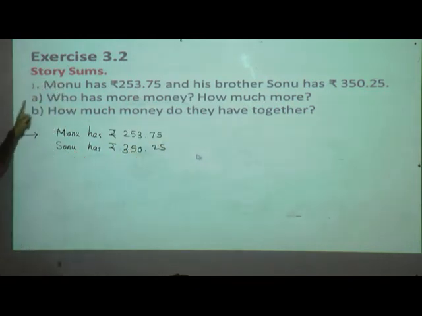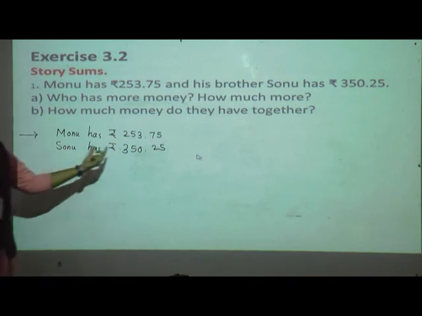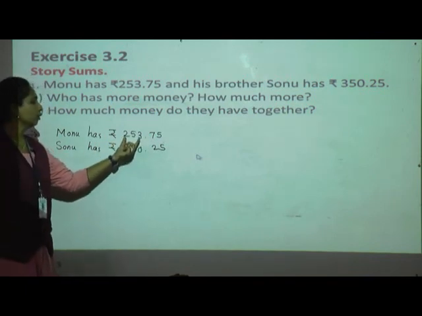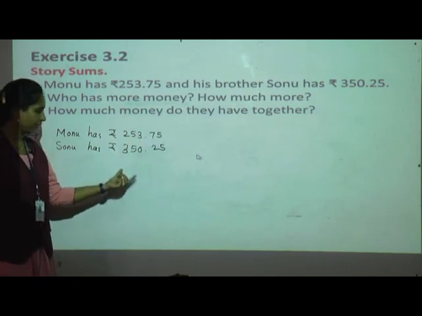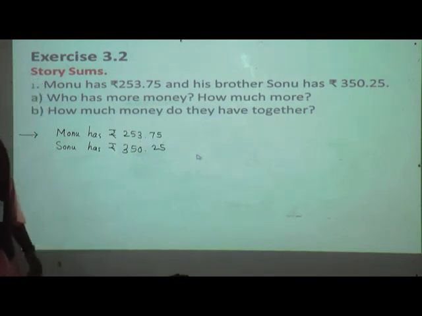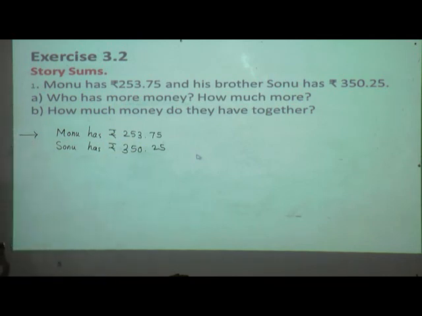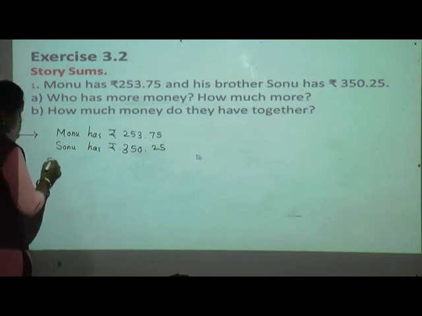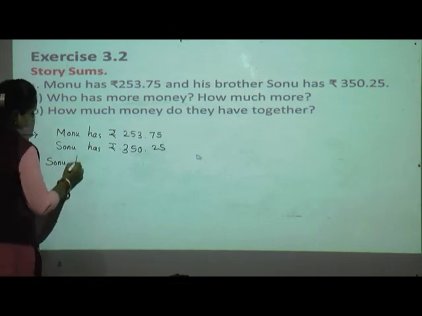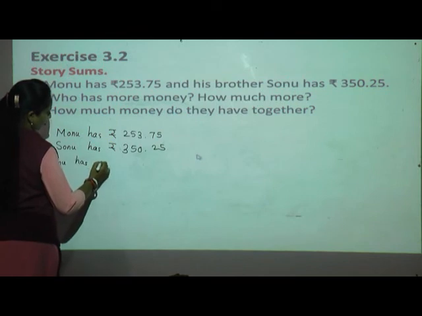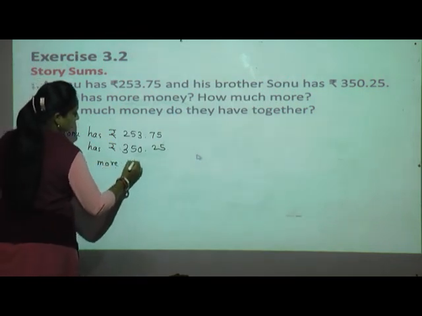The question is who has more money? Now just compare who is having more, which is the greater number, 253.75 or 350.25? Of course 350.25. So what will you write? Sonu has more money.